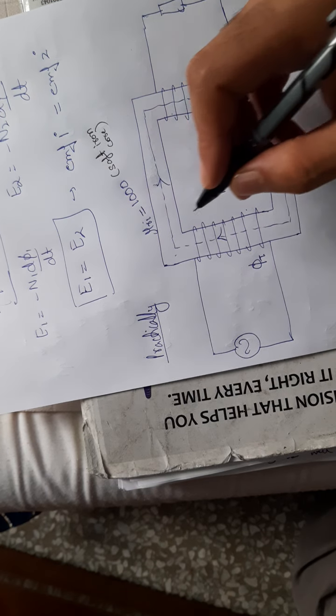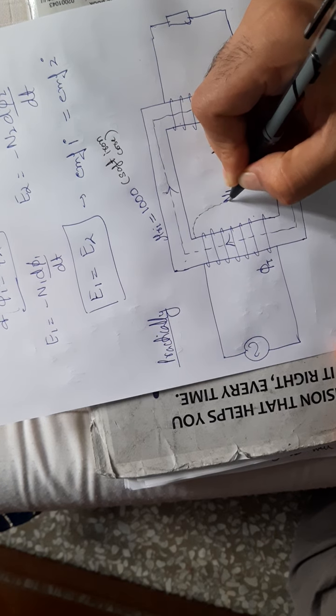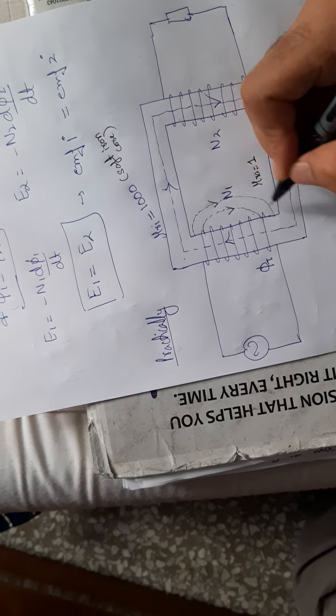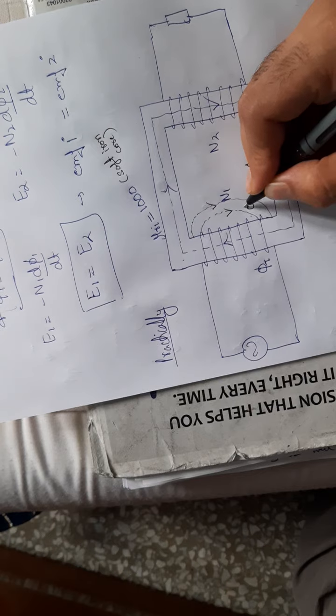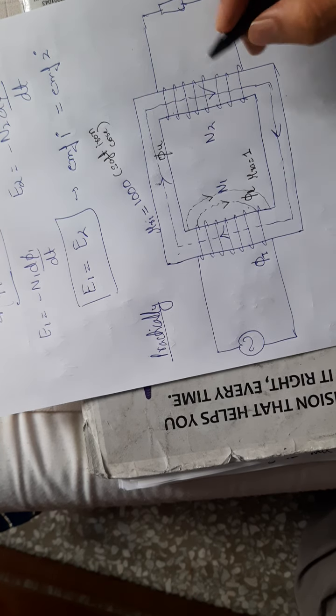So some flux will flow in this direction. This flux is called leakage flux, phi L. And the flux which is flowing through the core is called phi U, useful flux, and this phi U reaches here.